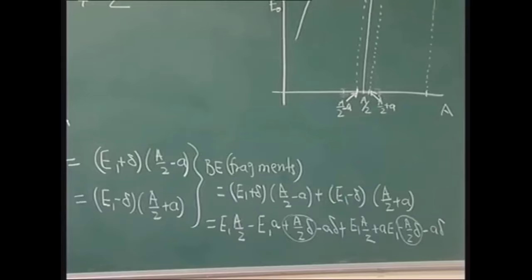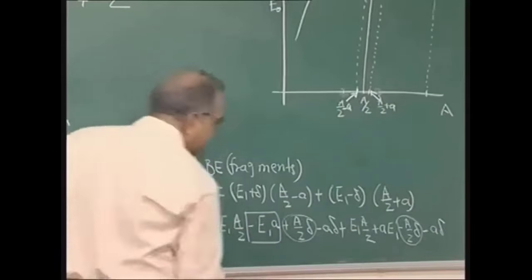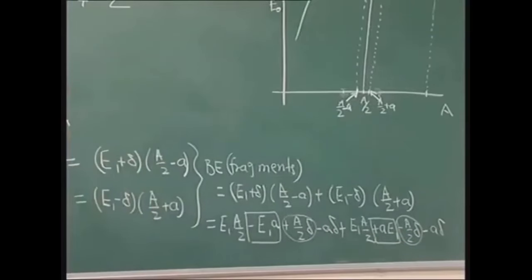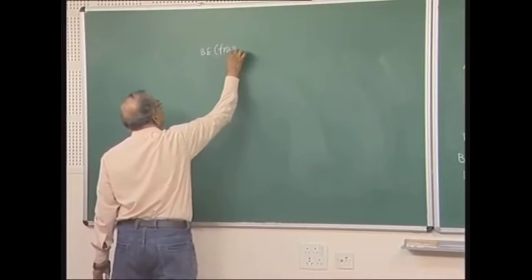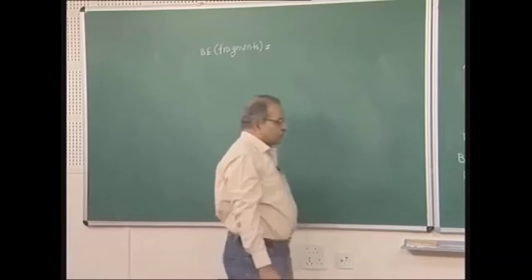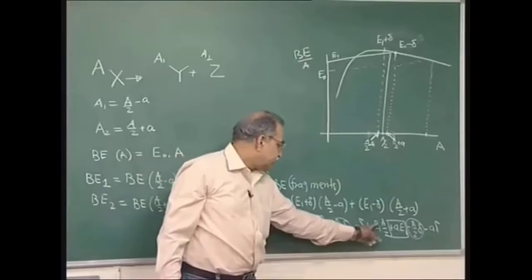And the rest of the things you can work out. E1 times a also, I can see here you have a minus E1 times a and here you have plus E1 times a. So that will also cancel out, and what is left? The binding energy of the fragments is equal to E1 into A by 2 here and E1 into A by 2 here.